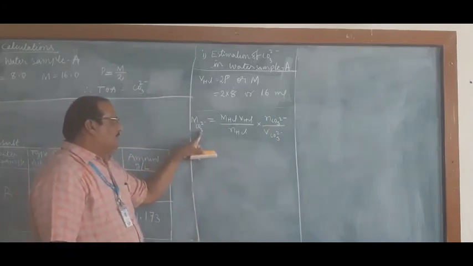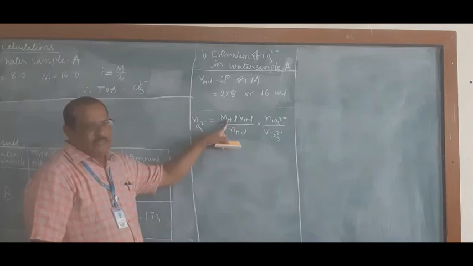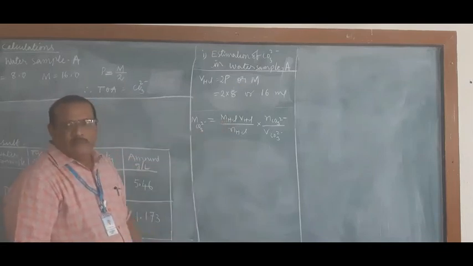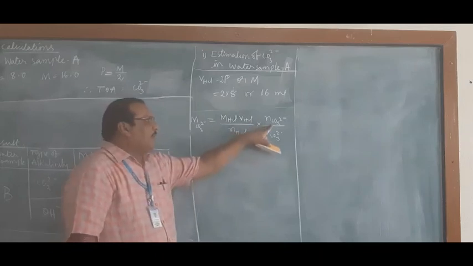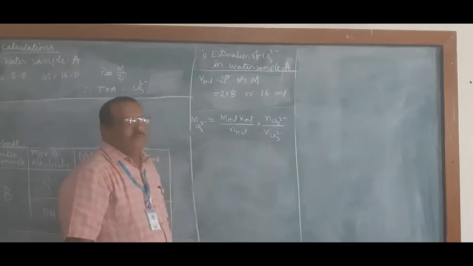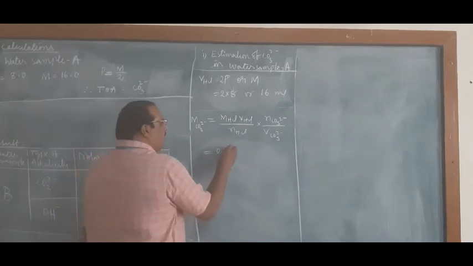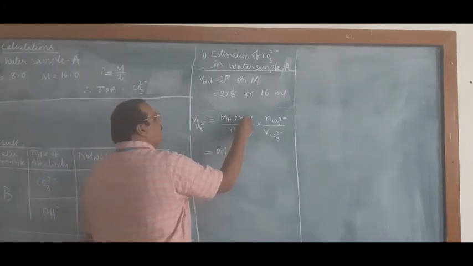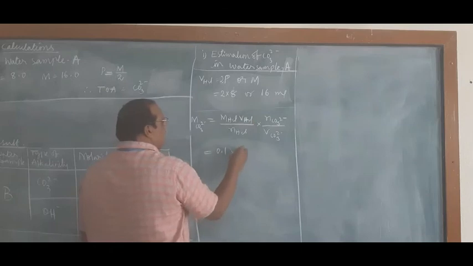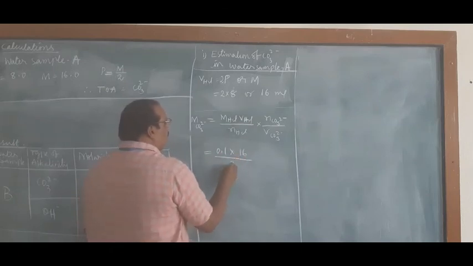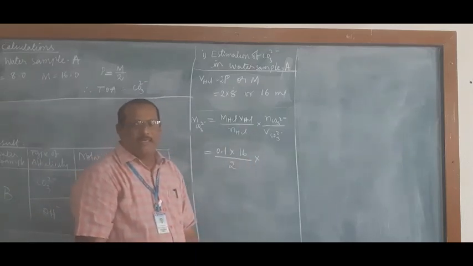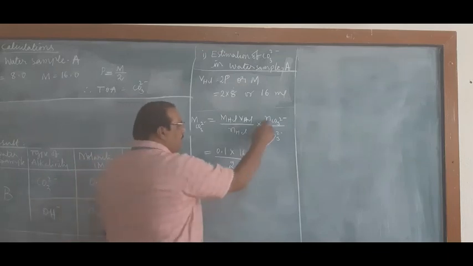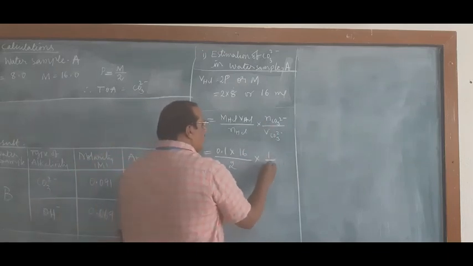Molarity of carbonate is equal to molarity of HCl, that is 0.1, and volume of HCl by number of moles of HCl to number of moles of carbonate, volume of carbonate. So 0.1 into volume of HCl, 16 ml, divided by number of moles of HCl, 2 moles, 1:2 ratio. Carbonate and HCl react with one another in 1:2 ratio, and the carbonate moles 1 and here 10.